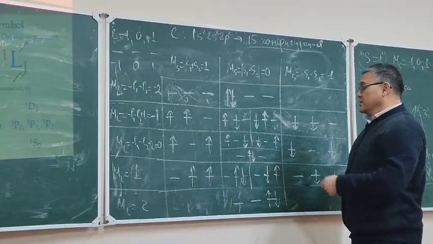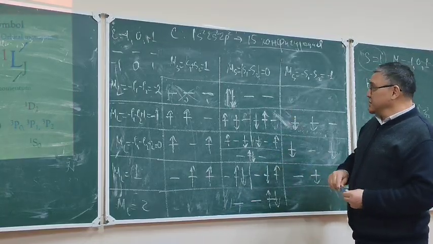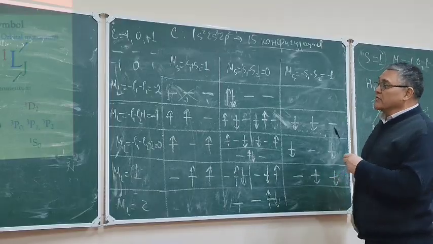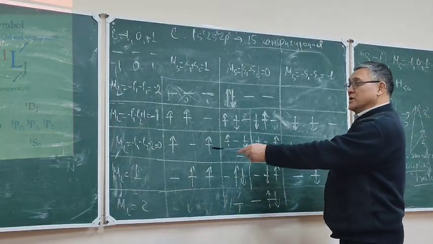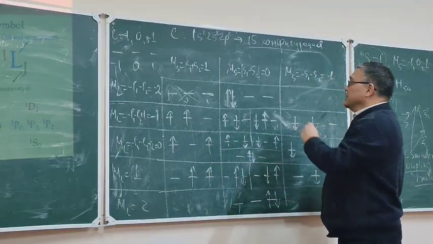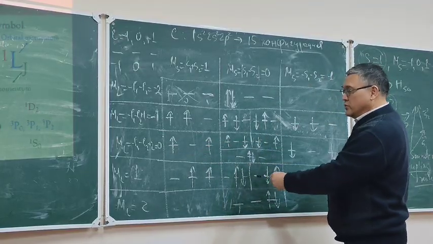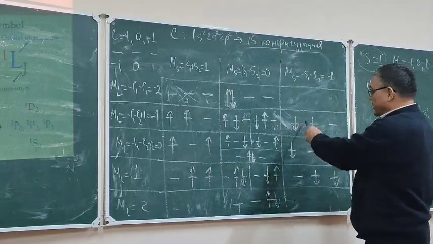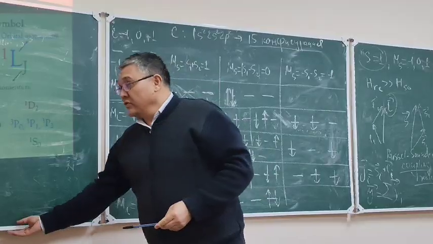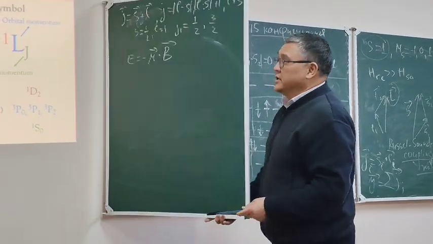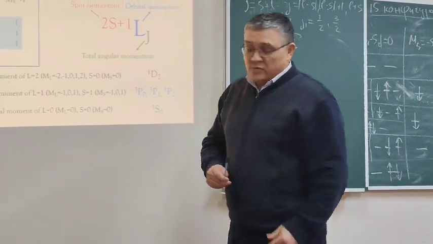And all of these spins have to be antiparallel to each other, and they give us MS equal to 0. So if we count here, we have three states corresponding to the ML equal to 0 and MS equal to 0 case, and here we have 2, here we have 2, here we have 1, and here we have 1. And to simplify these configurations, we can put them in this graph.